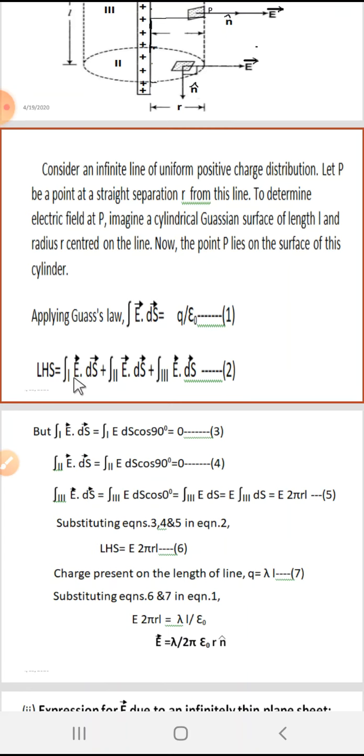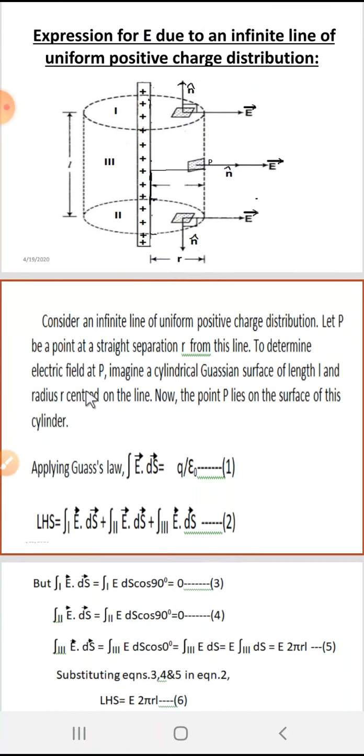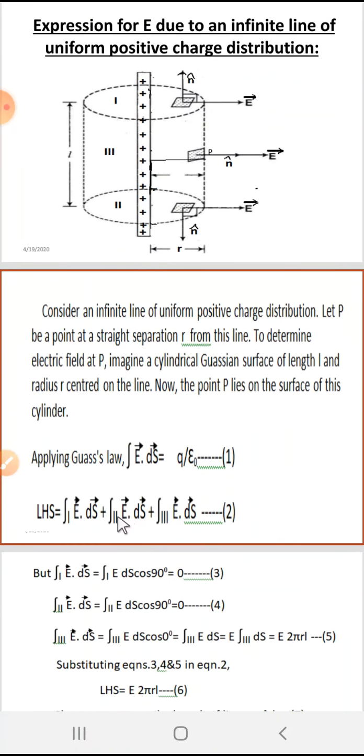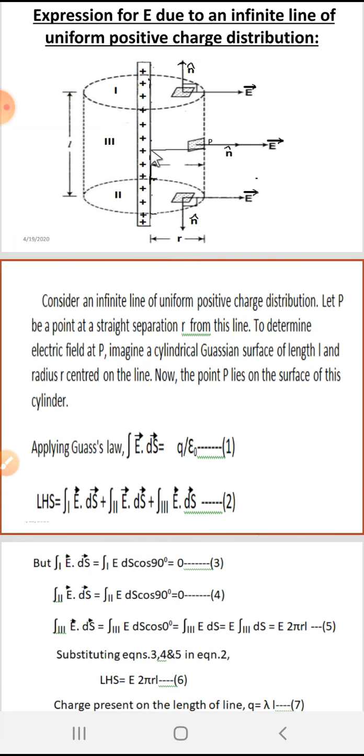First, the surface integral of vector E dot ds over the first surface, the upper cross section of the cylinder. Second, the integral over the second surface, the lower cross section. And third, the integral over the third surface, the curved surface area.